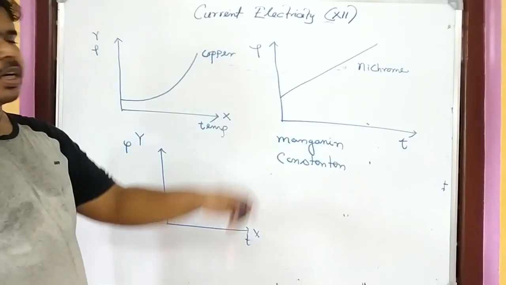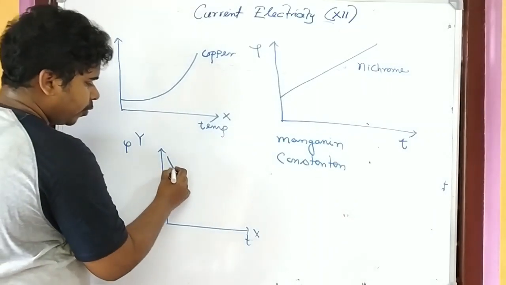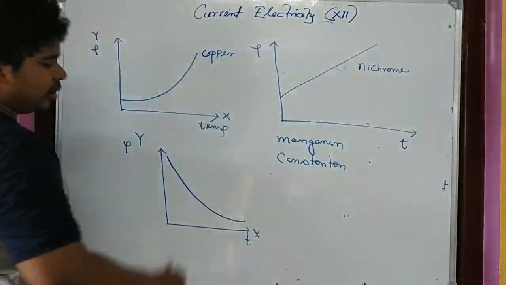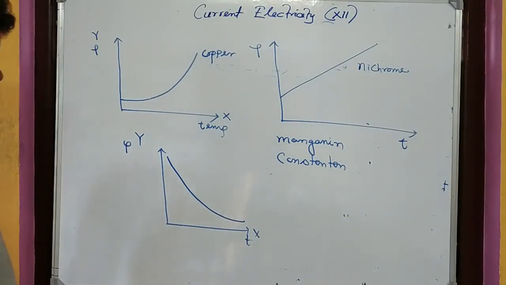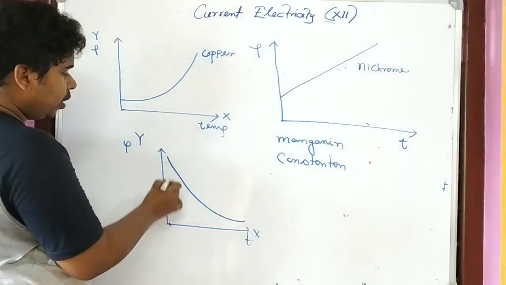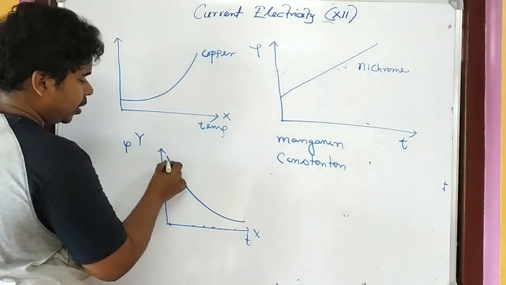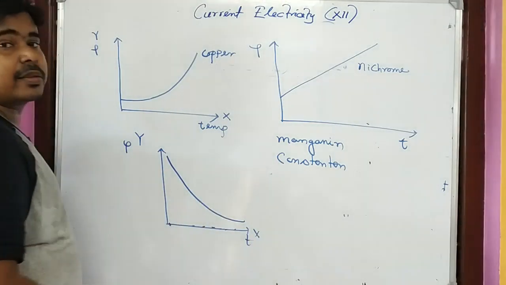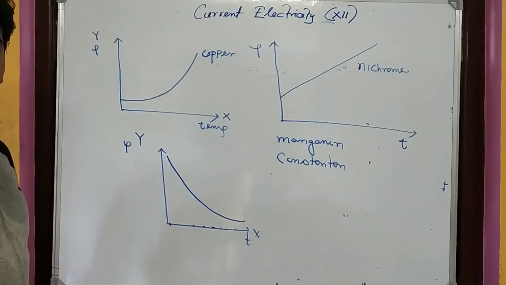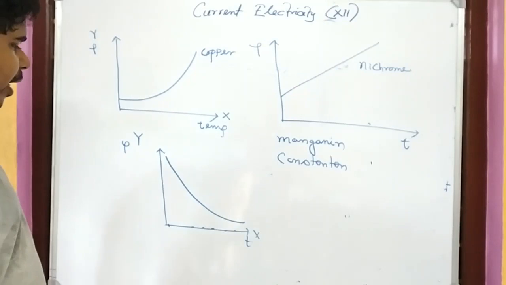What we have seen in conductors, for semiconductors it is totally different. Whenever your temperature is low, the resistivity is high. As you increase the temperature, the resistivity decreases. A very interesting thing. Why? Whenever we learn semiconductors, I will explain.